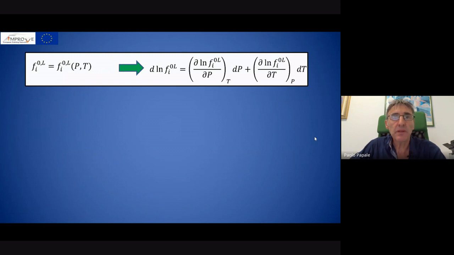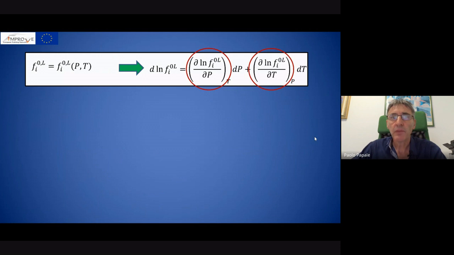The next step is to express these two terms here, which describe how the logarithm of the reference fugacity changes when either pressure is changed at constant temperature or temperature is changed at constant pressure.